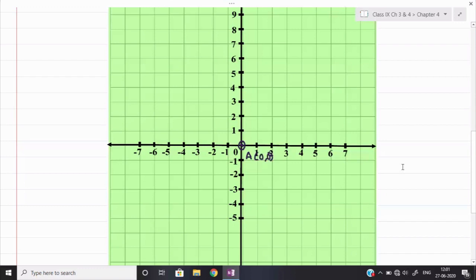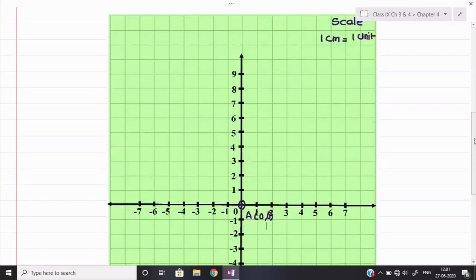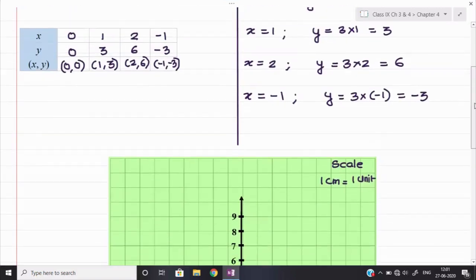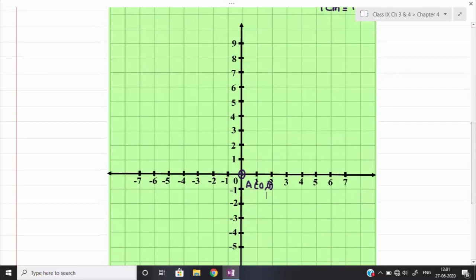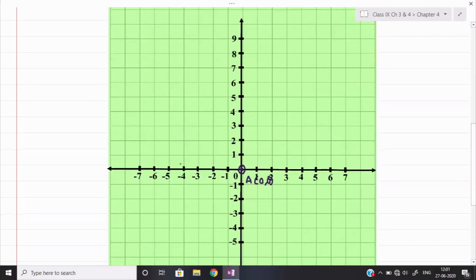Okay, now what is the second point given here? I think the second point is 1 comma 3. Yes, 1 comma 3 and then 2 comma 6. So where is 1 on the x-axis? This is my x-axis and this is my y-axis. So x equal to 1 is coming here, and from 1 I will go in the upward direction, and here I will mark my second point.